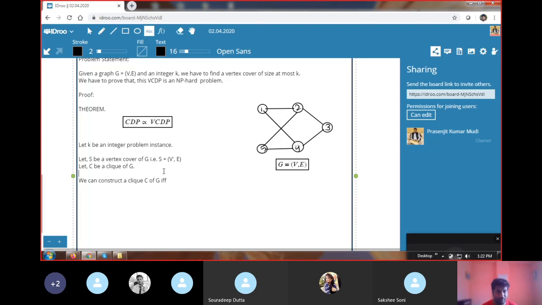okay, so before that what we have to do here, we construct a graph G dash, such that G dash contains a vertex cover of size at most n minus k.